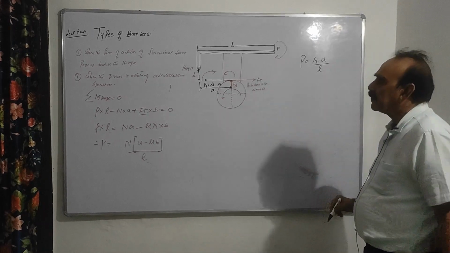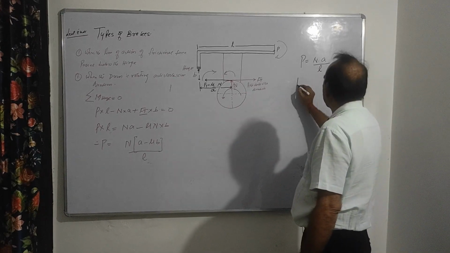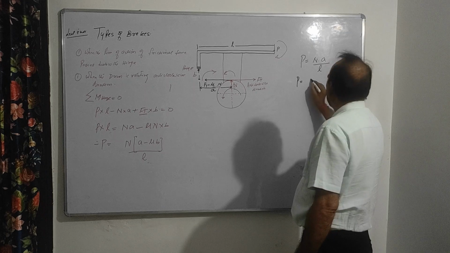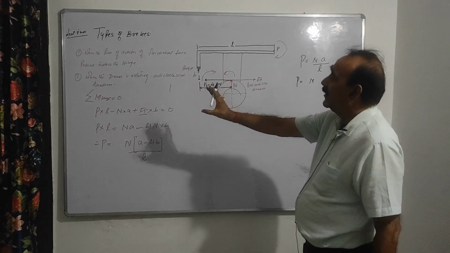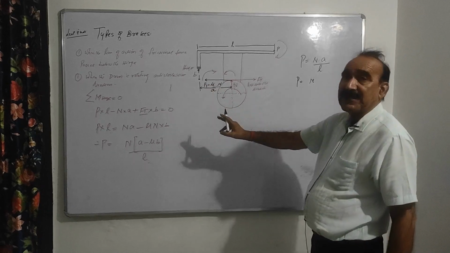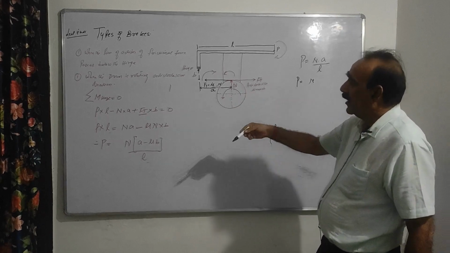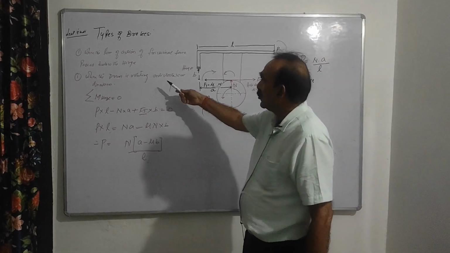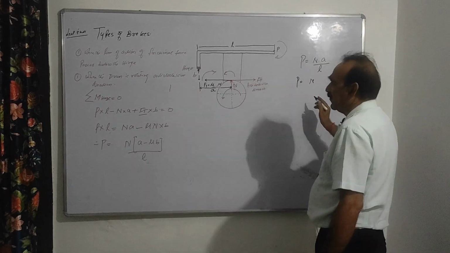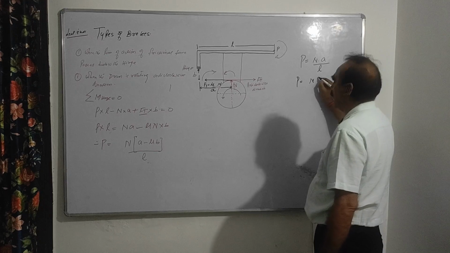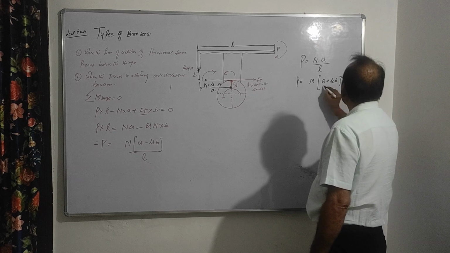And in the same condition, when the drum is rotating in the clockwise direction, the derivation which I did earlier gives P equals N into (A plus mu B) upon L.